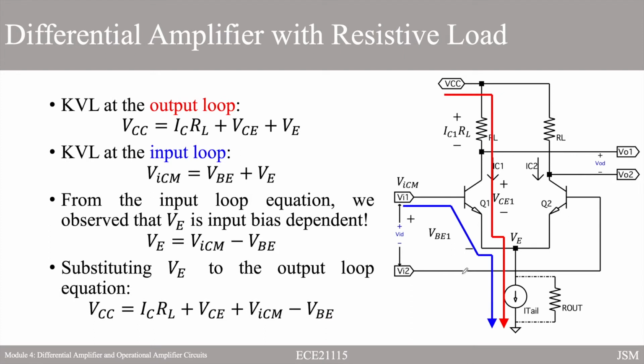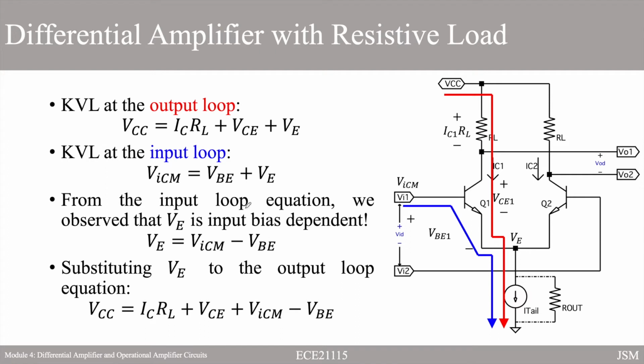So by using output KVL, we see that VCC is equal to IC RL plus VCE1 plus VE, or the voltage at this node. And for KVL on the input, we have Vicm, which is the biasing voltage connected to input 1, equal to VBE1, the base-emitter voltage, which is around 0.7, plus VE.